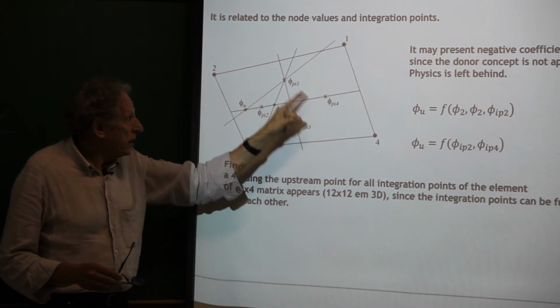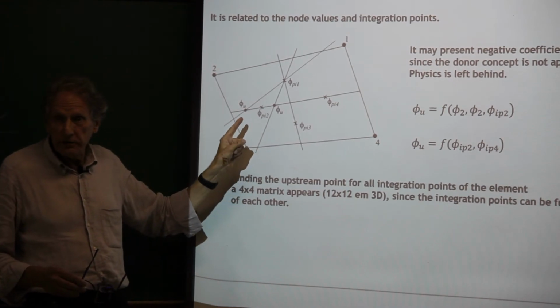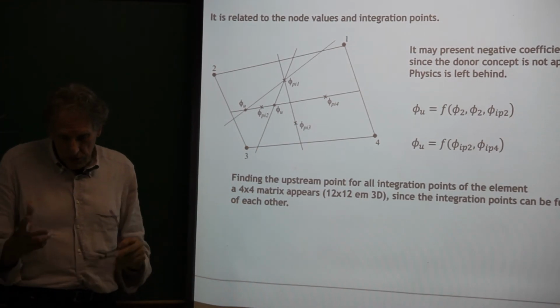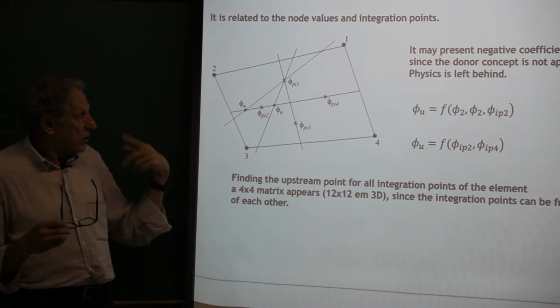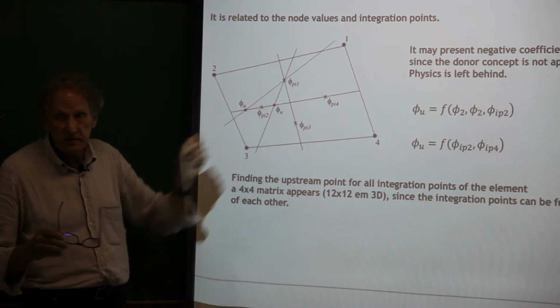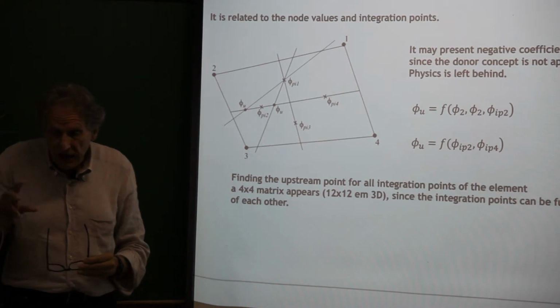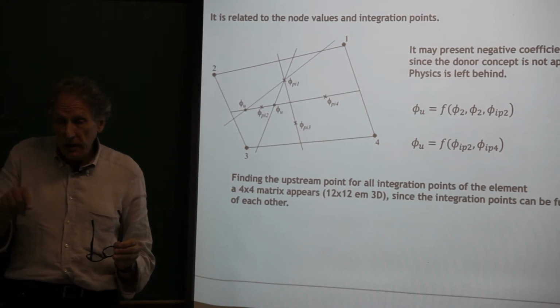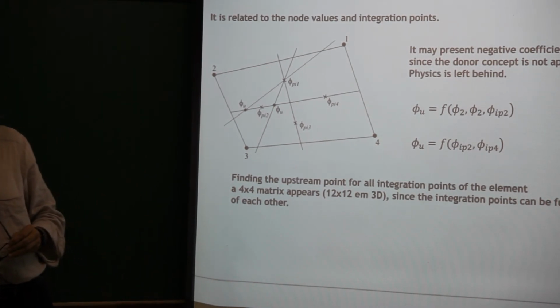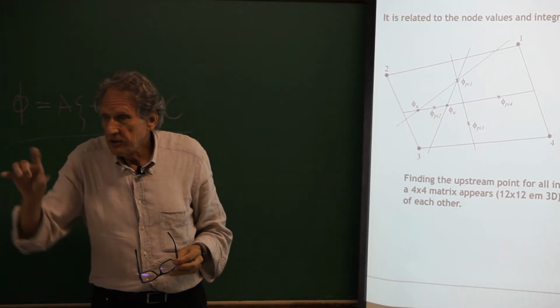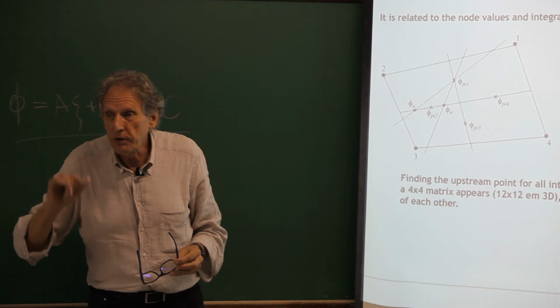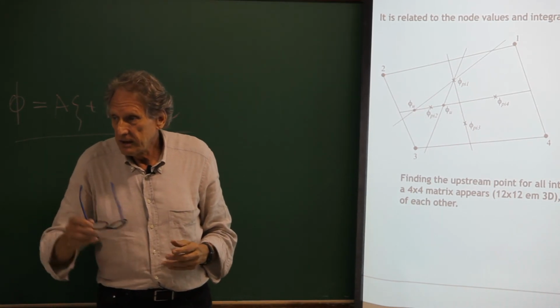If you go through the 4 integration points, you can realize that I may have all my 4 phi's at the integration points as a function of nodal points and of other integration points, which I am also trying to find. So there will be a little 4 by 4 matrix to be solved.